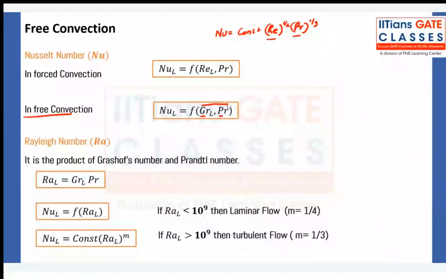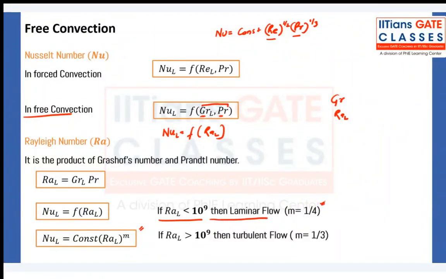So I can also write Nusselt number as a function of Rayleigh number, equal to a constant C times Rayleigh number to the power M, where C and M are constants. Rayleigh number is the critical number used to determine whether flow is laminar or turbulent. If the question says Grashof's number or Rayleigh number, both are correct answers. If Rayleigh number is less than 10 to the power 9 in free convection, the flow is laminar and M is usually 1/4.